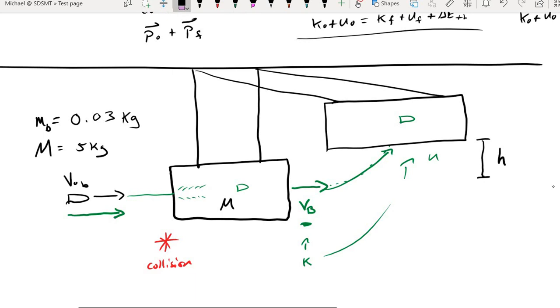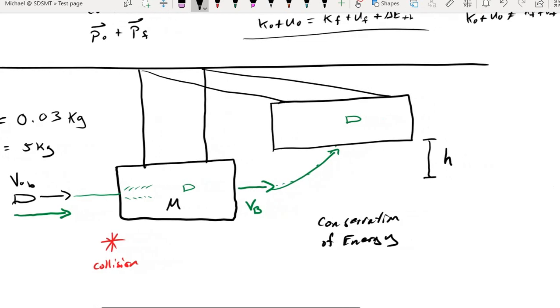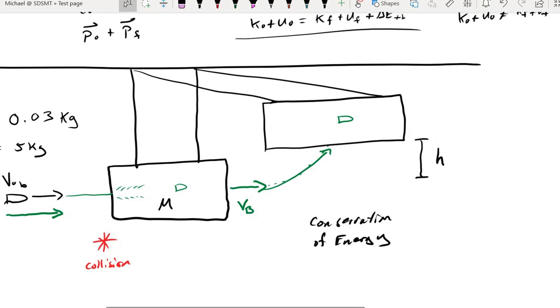So it looks like during the swinging of this log, our best bet would probably be to use conservation of energy. We're going to assume that there is negligible heat generation due to air resistance.